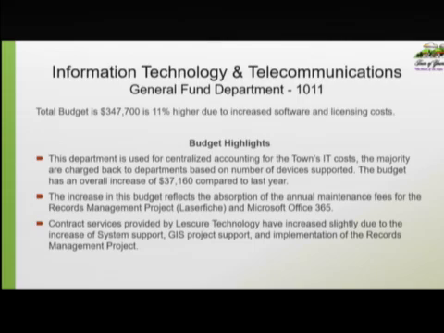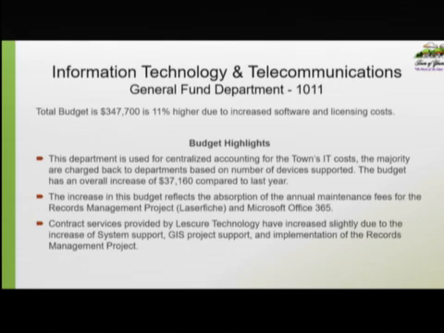So the increase in my budget is due to taking on the project Michelle is working on for the electronic records management. So we've absorbed those costs for maintenance going forward, as well as the software costs to continue our Office 365, which is an annual fee. So the budget really doesn't have a lot of activity going on this year.